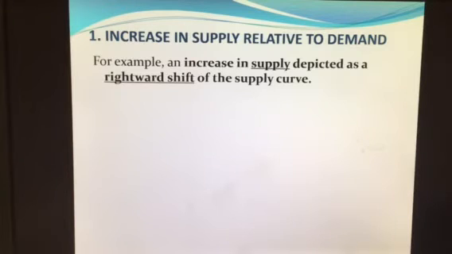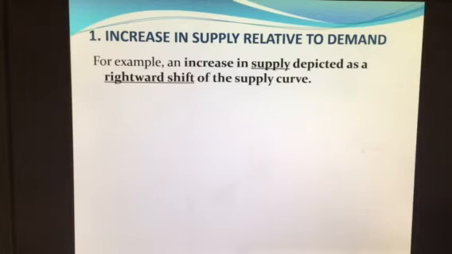We're going to look first of all at the types of instances that might give rise to an increase in supply relative to demand, and then to a decrease in supply relative to demand, then an increase in demand relative to supply, and finally a decrease in demand relative to supply.